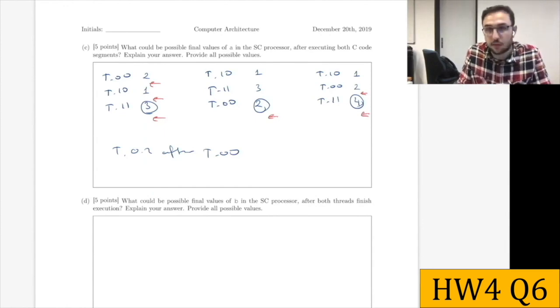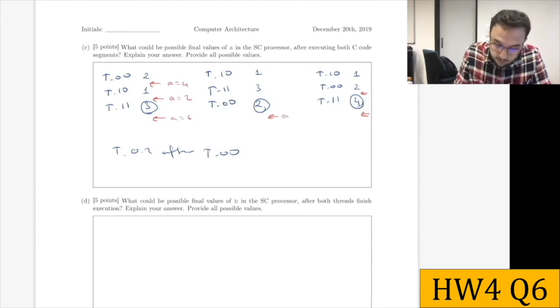So we can calculate all values based on this. If it's here, A equals 4. If it's here, A equals 2. If it's here, A equals 6. And here, 4. Here, 4. And here, 8. Therefore, all possible values that A can get are 2, 4, 6, and 8.